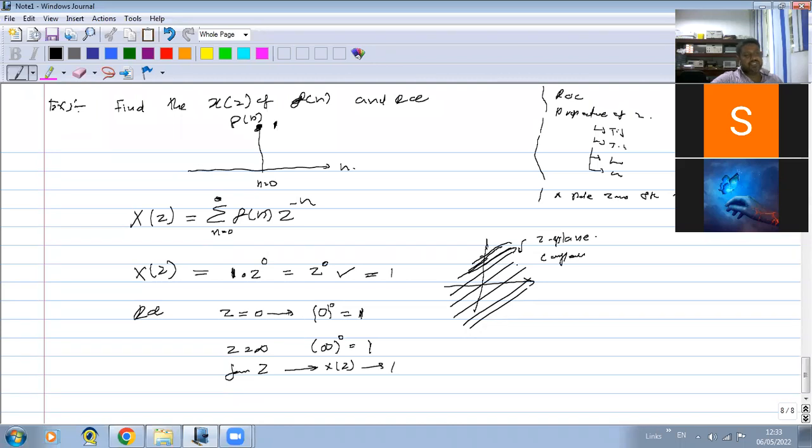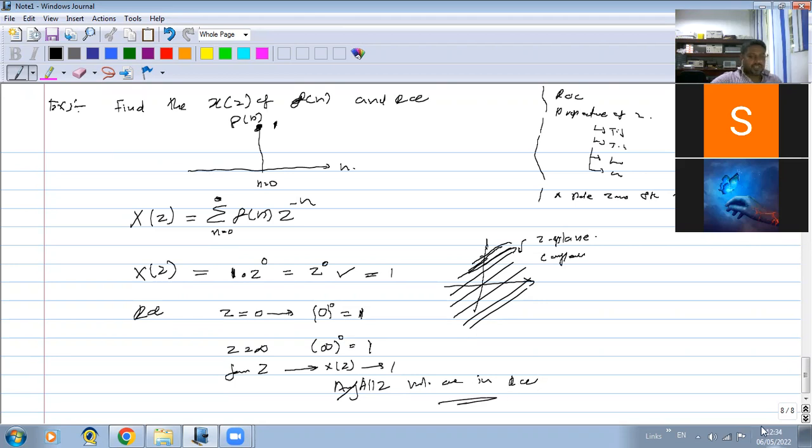Any value of this z plane is in the ROC. For any value, X(z) will have a converged, finite value. So all z values are in the ROC. So this is the answer.